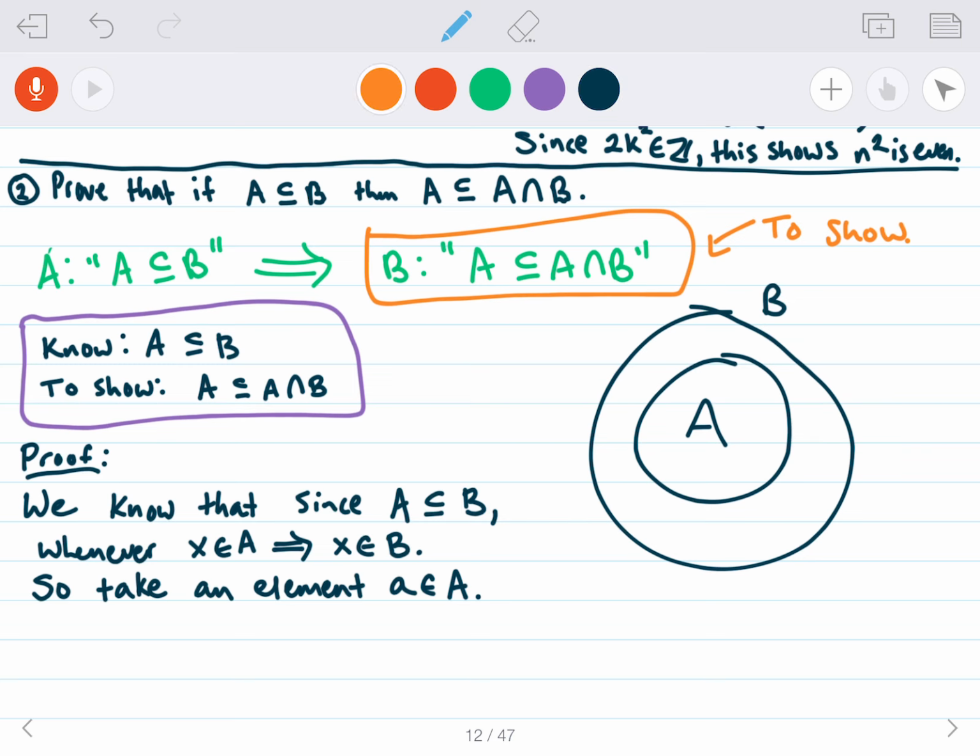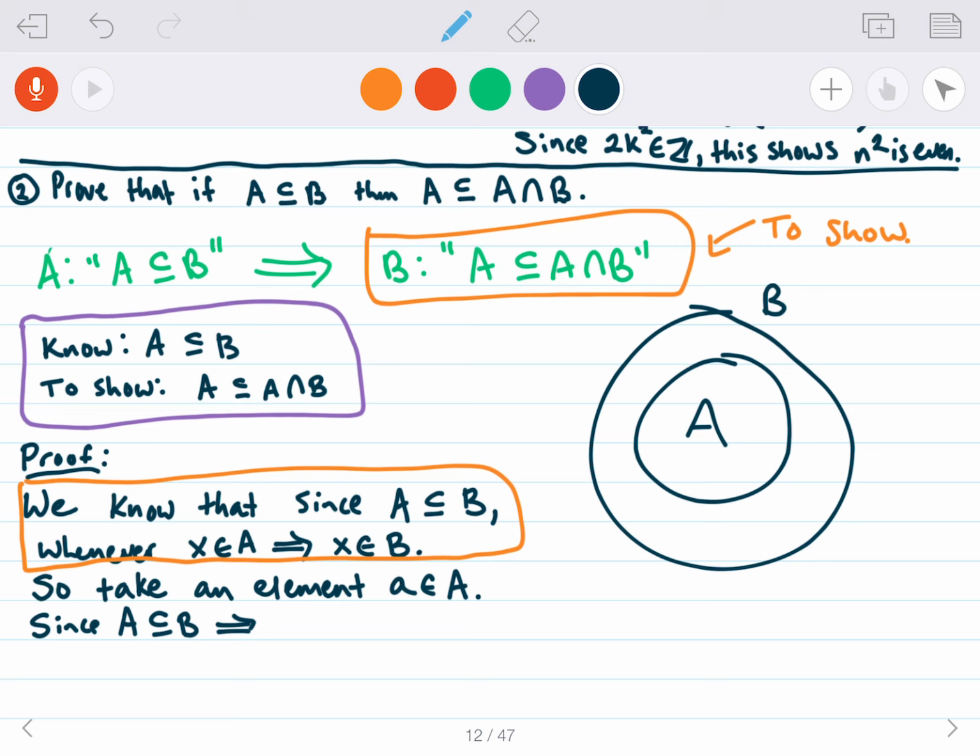But here's what we know from our assumption. Whenever any element is in A, it's automatically in B because it's a subset. A is a subset of B. So take an element a in A. Since A is contained in B, this implies that a is contained in B.